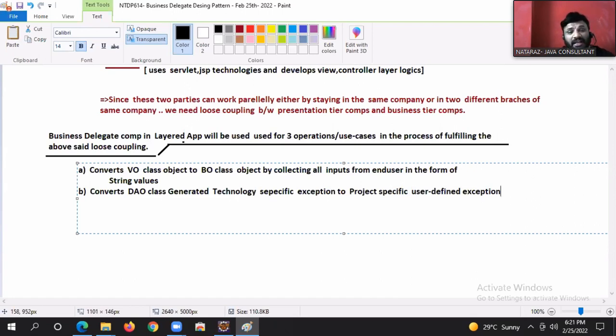What exception, guys? Project specific user defined exception. I hope you understood my statement, guys. Seriously, literally, project specific user defined exception. After that, what next?